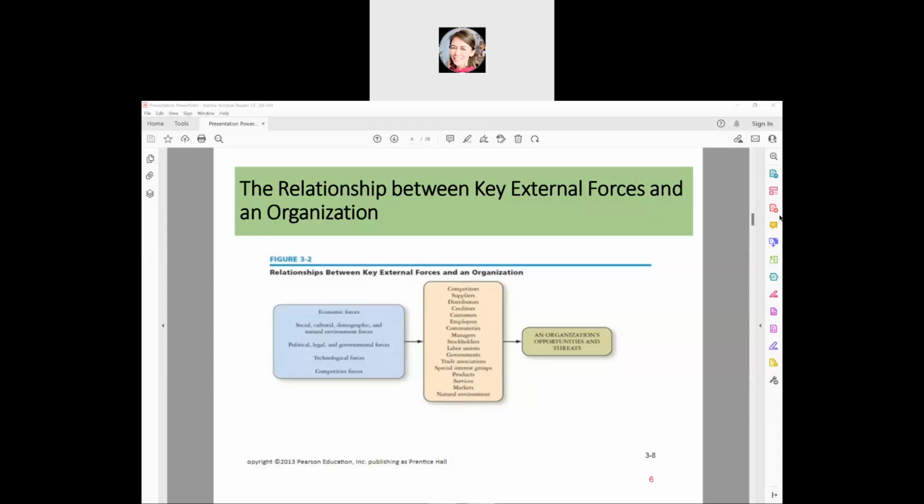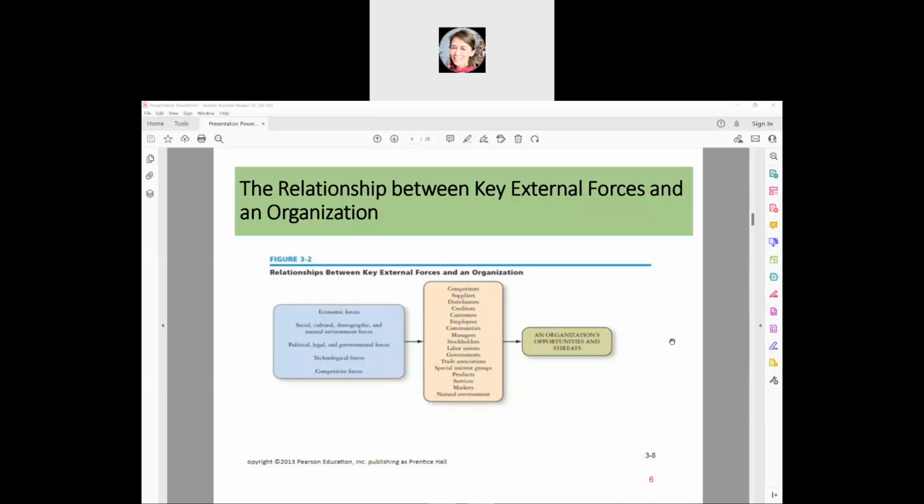This particular slide is helpful to guide you in understanding how each of the forces, right here, economic forces, how all these forces could affect the organization, and the elements as well, such as competitors, suppliers, creditors, customers, employees, and so forth. How all these elements could affect the organization, right?